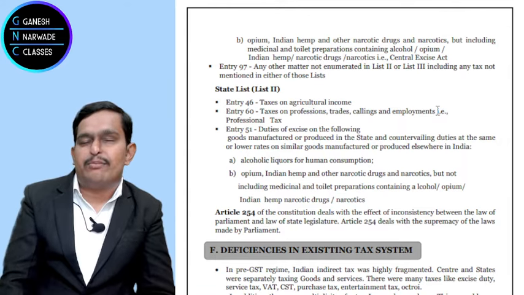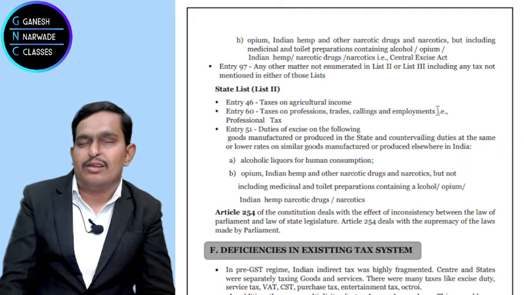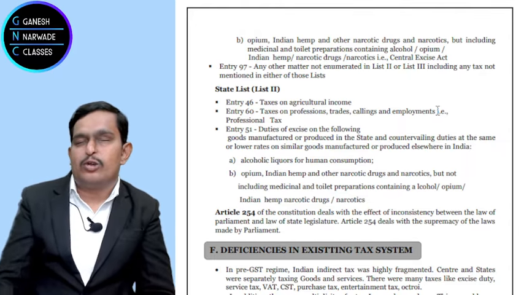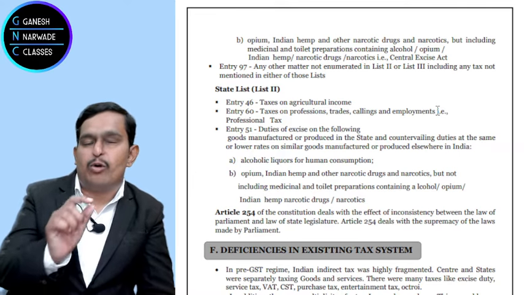Come to entry number 83. 83 says customs duty, that means on the import, like we discussed the Afghanistan example, right? On the import of goods, on the export of goods, tax is levied. We call it customs duty, and entry 83 gives the power to central government to levy tax on import and export.